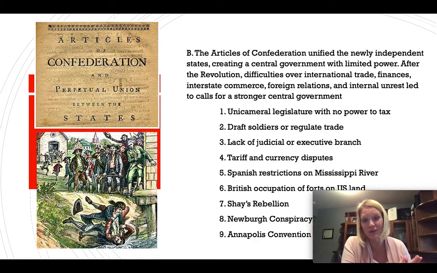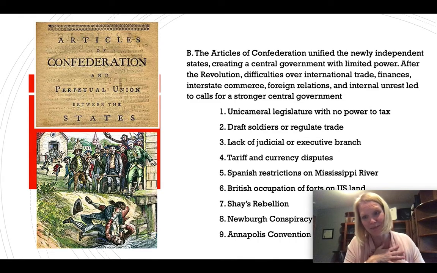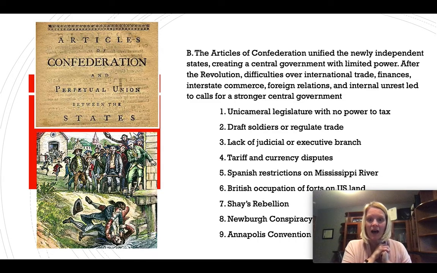Another problem was the Newburgh Conspiracy, and this had to do with my guy, George Washington. The Newburgh Conspiracy was a kind of plan that didn't happen because George Washington found out about it. The soldiers were upset. It was a conspiracy in the military, and the soldiers were upset with the way things were happening.